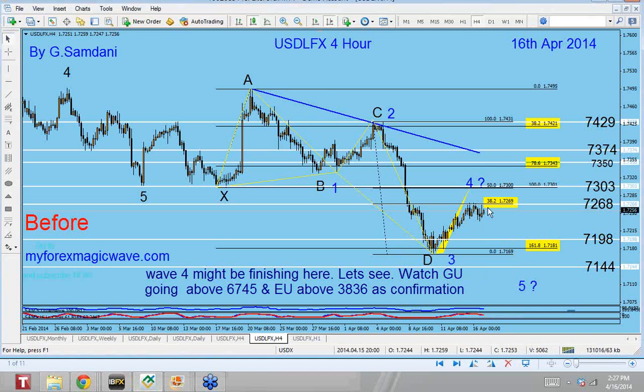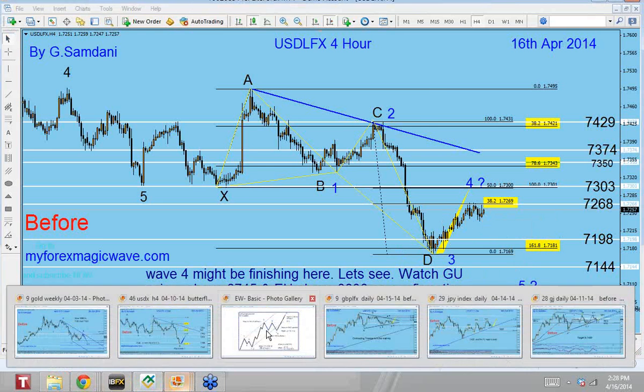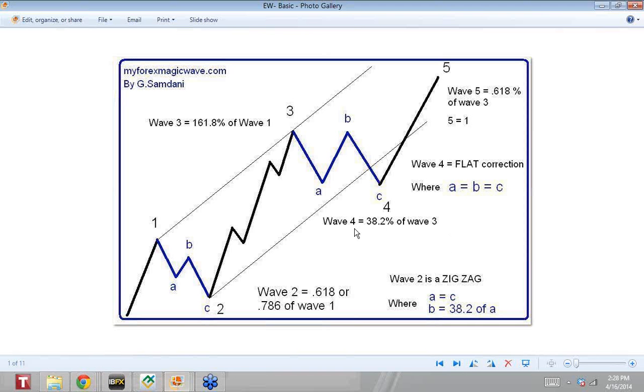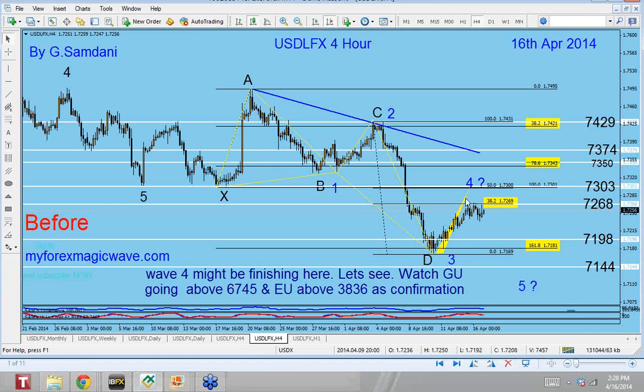The reason I said it is probably going to turn, in the new chart I sent out, is that maybe we will be finishing wave 4 and dropping from 38% of this last drop from C to D. This is how it sometimes goes. The calculation for wave 4 is 38% of wave 3. But the main target was the 7303 area, which was also 50% of this drop instead of 38%.